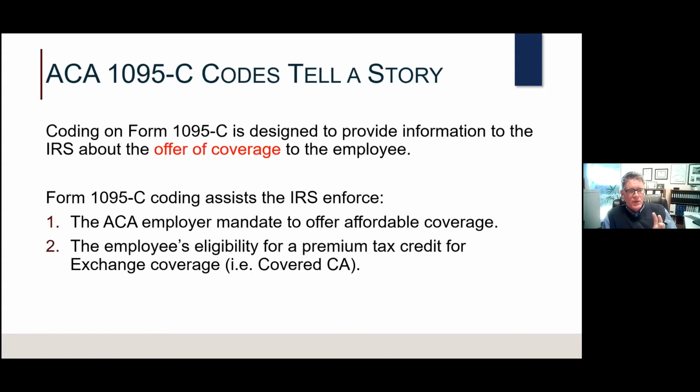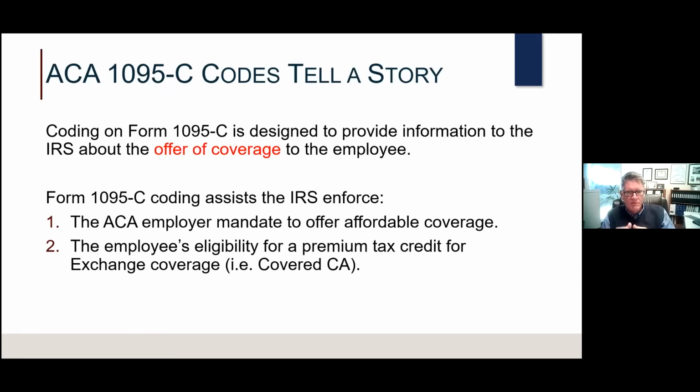When I talk about the codes that go on the 1095-C to clients, I talk about the fact that the codes tell a story. I can look at just the codes on the 1095-C and know when an employee was hired, when they were eligible for coverage, and what they did with that coverage offer.